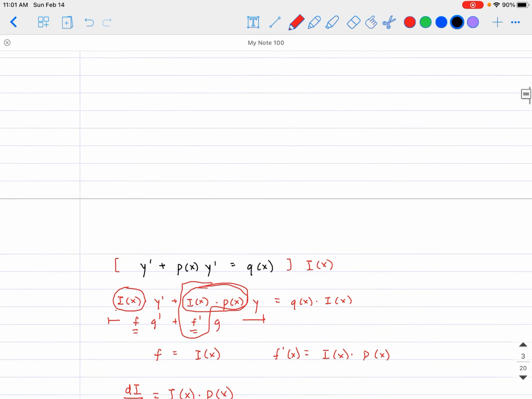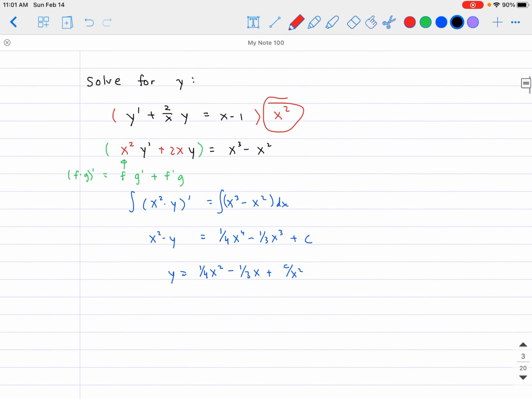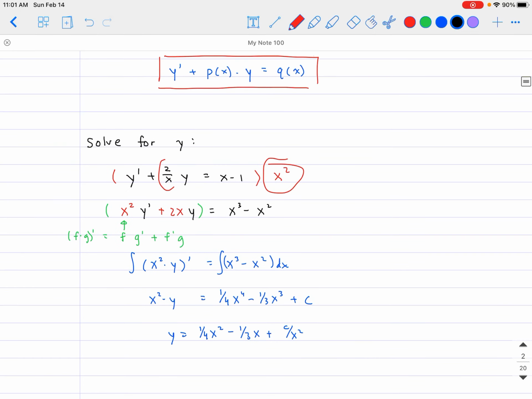Now, going back to what I have over here originally, just to verify that, this guy right here is supposed to be my p of x. So if we look at it as an integrating factor, I of x is equal to, according to what we said, e to the integral of 2 over x dx.